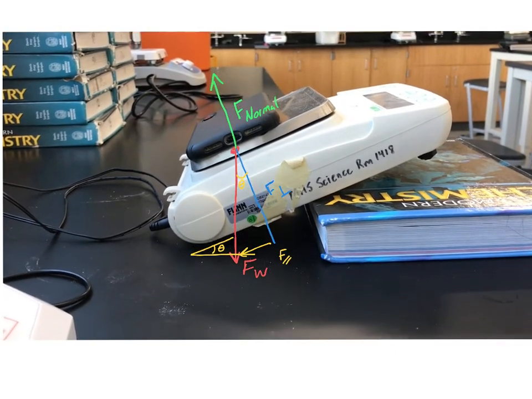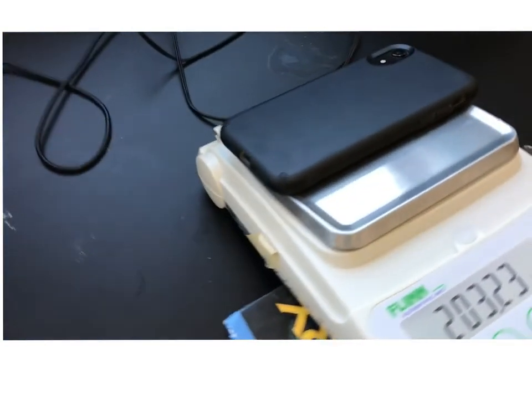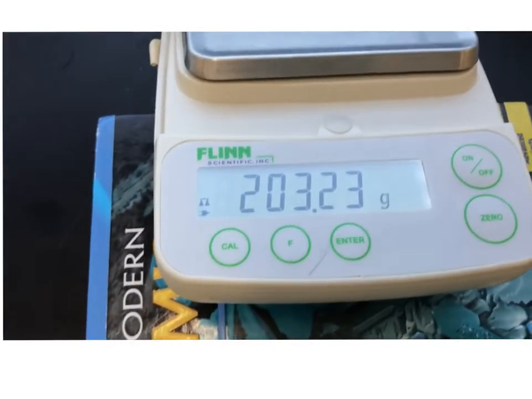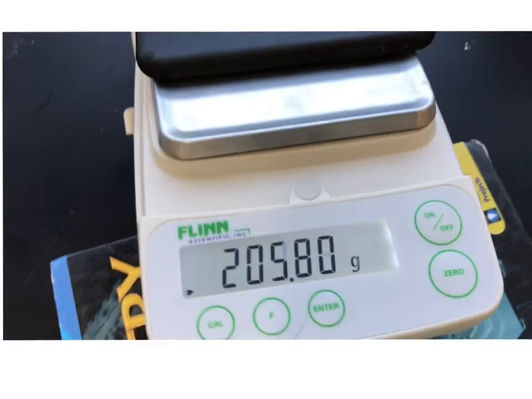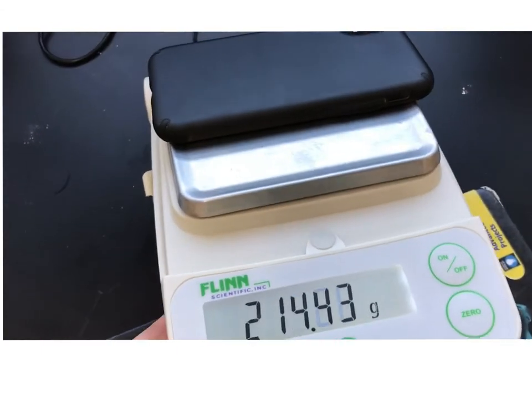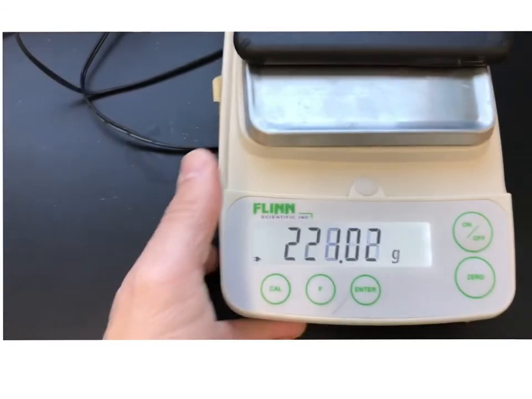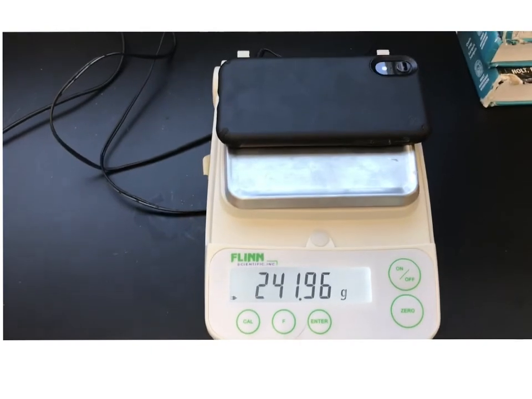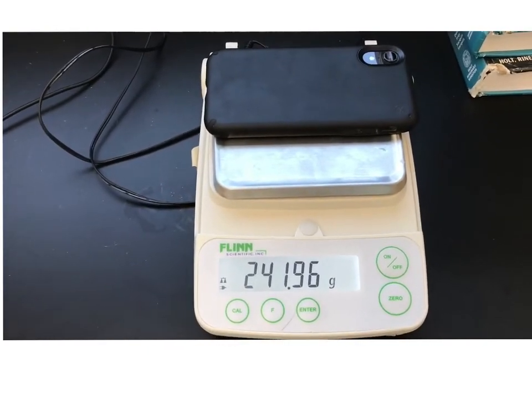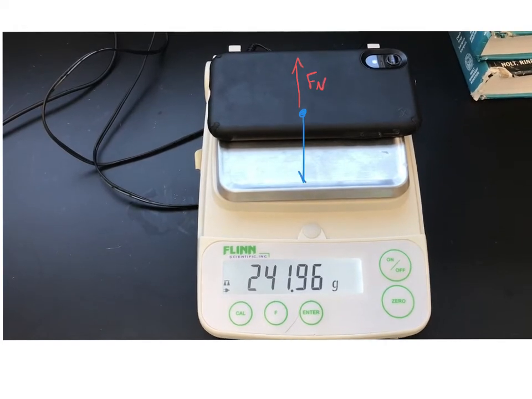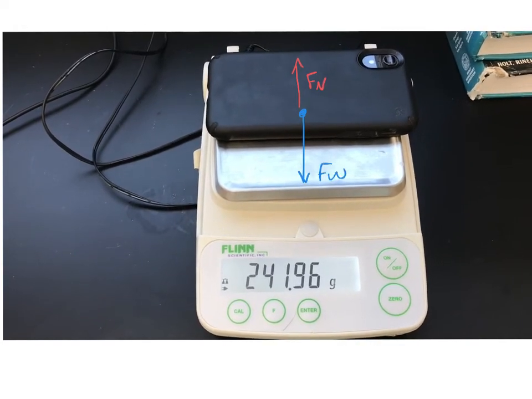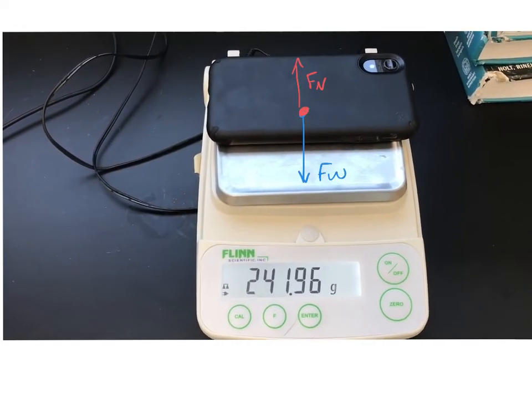So therefore the reading will also be less than when the phone is on a level surface. So when I take it over to the level surface, same phone, but now reads a higher reading because the weight force is equal to the perpendicular force when it's horizontal.